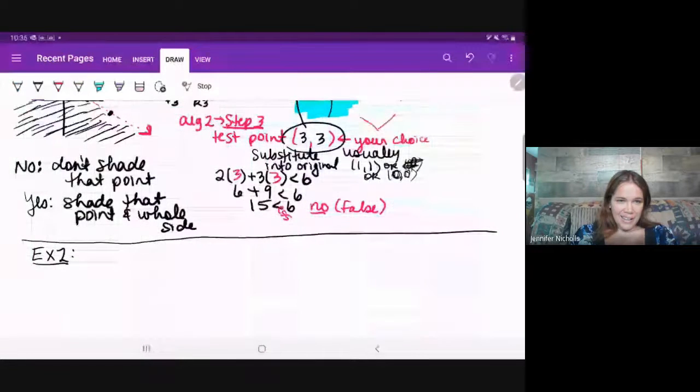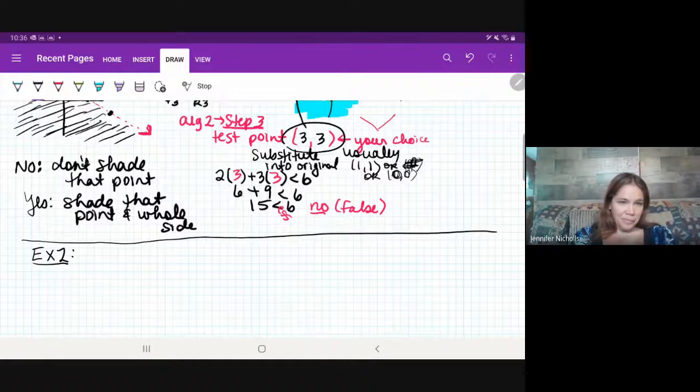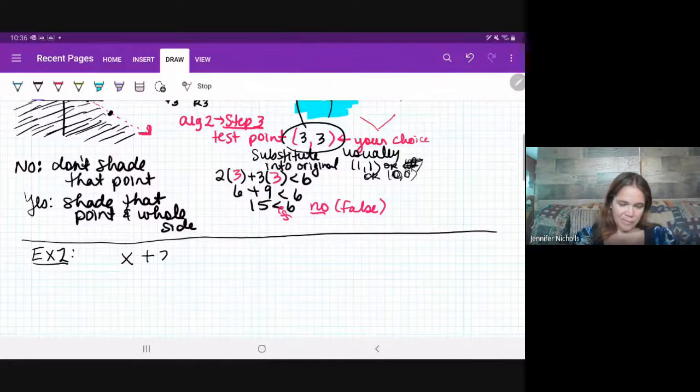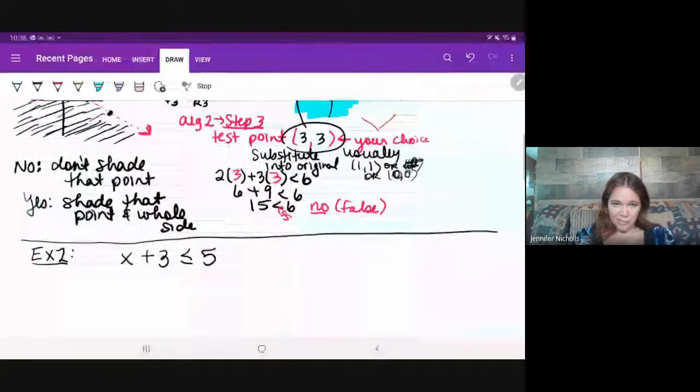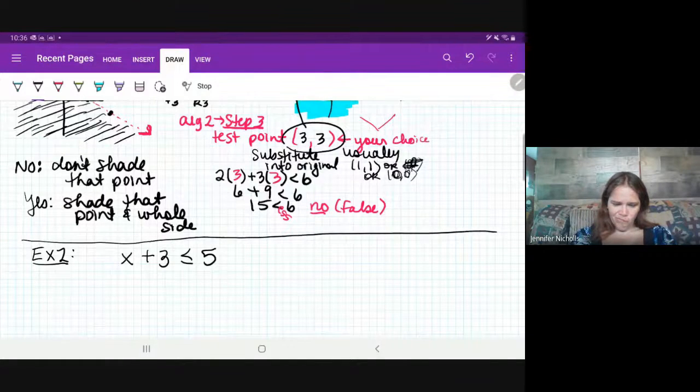Okay. I'm looking at another example. We'll see what we could do. Okay, how about this one? What's wrong with this one?